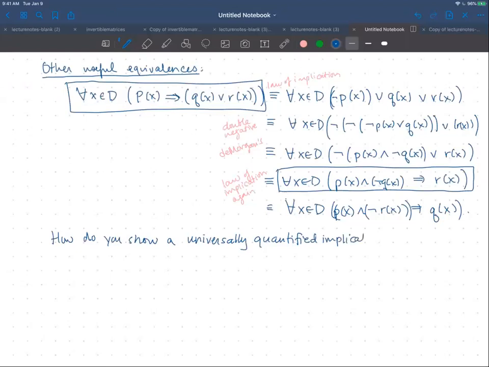So maybe you've come up with a conjecture that's like, for all square matrices, if this, then that. And then you realize, oh, I don't think that's true. How are you going to convince somebody else that it's not true? So we start with a universally quantified implication: for all x in D, p of x implies q of x.